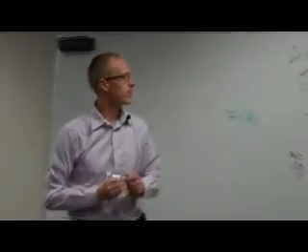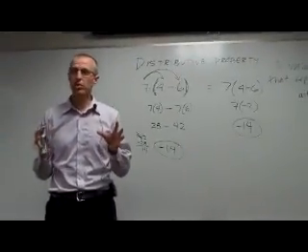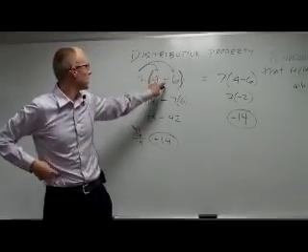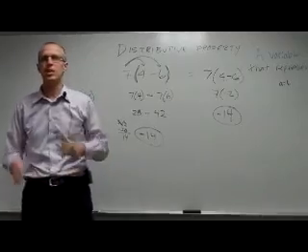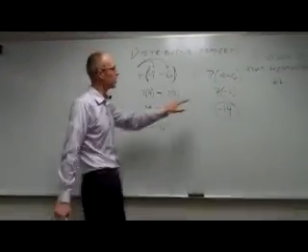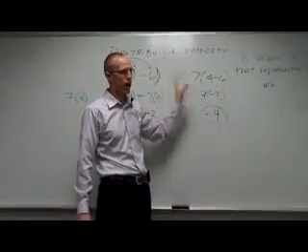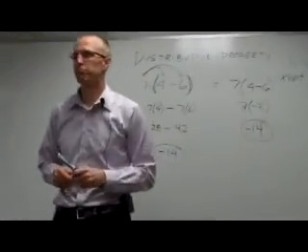Same answer. So, if you have a problem like this with numbers inside the parentheses, you can do it either way. But if you have a variable inside of the parentheses, you have to do the distributive property.